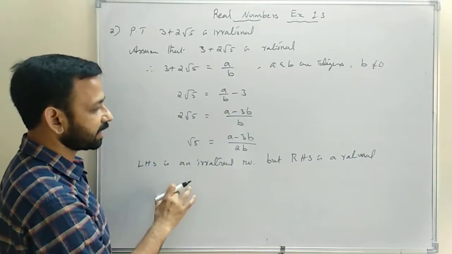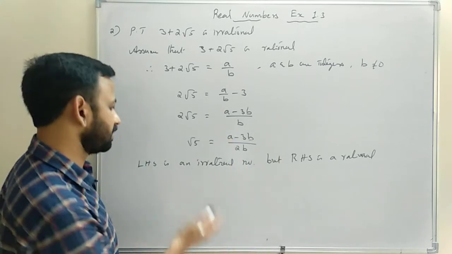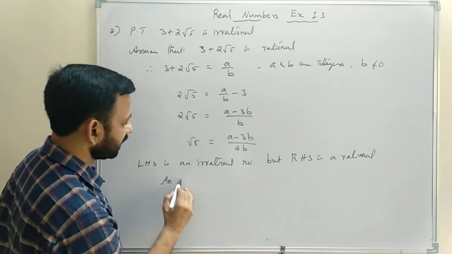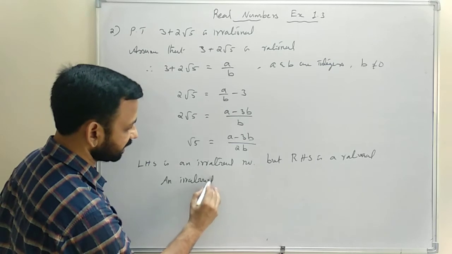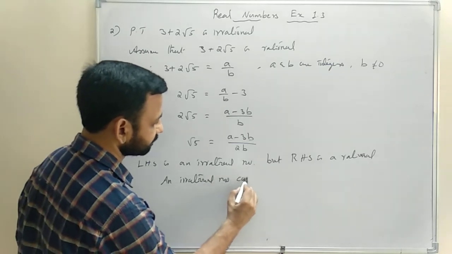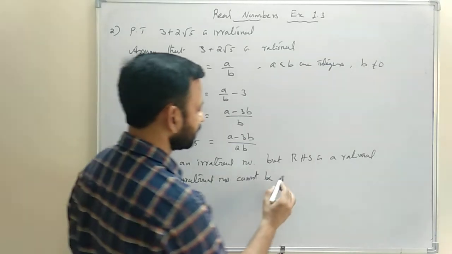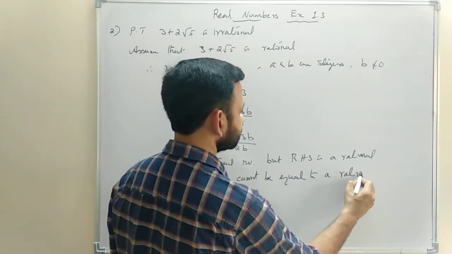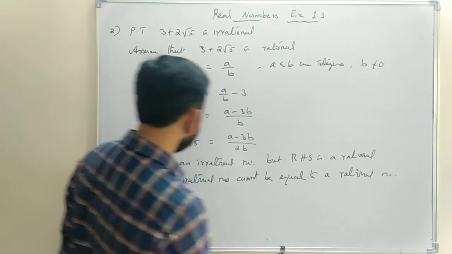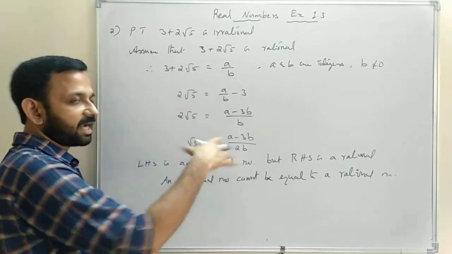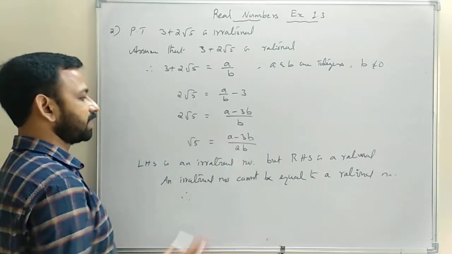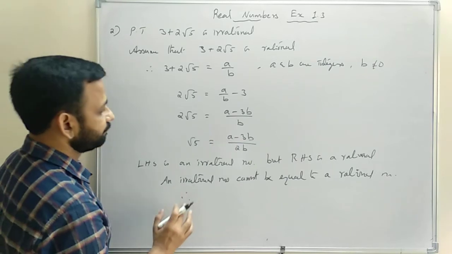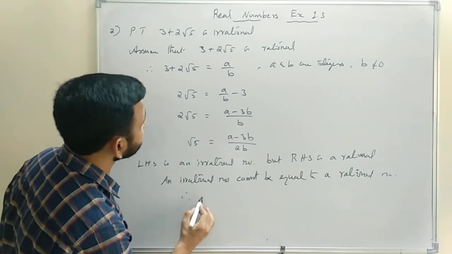An irrational number cannot be equal to a rational number. Therefore, one irrational number cannot be equal to a rational number. Therefore, we can say that our assumption is wrong.